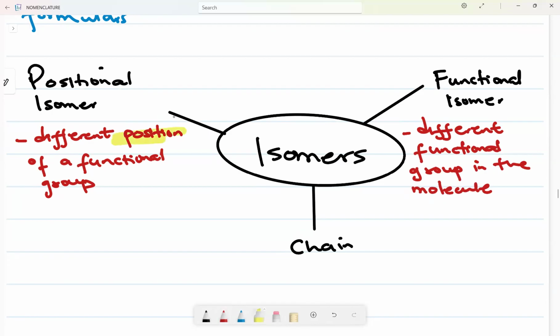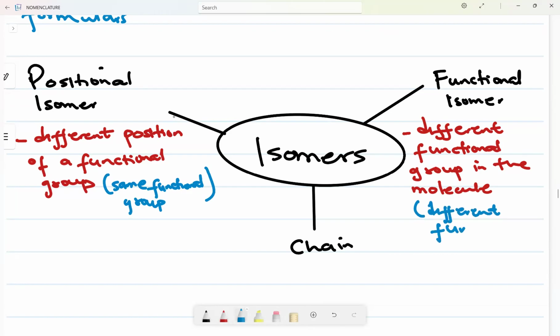This is a different position of the functional group; it occurs within the same functional group. But this one occurs between different functional groups in the molecule. They are different by a functional group, but here by a position of a functional group.